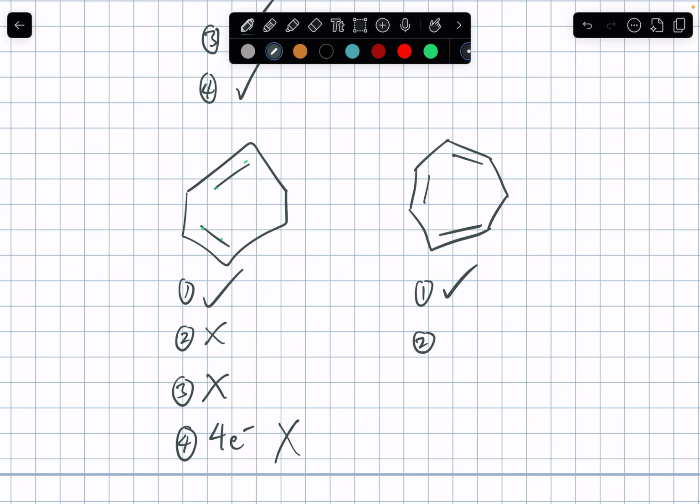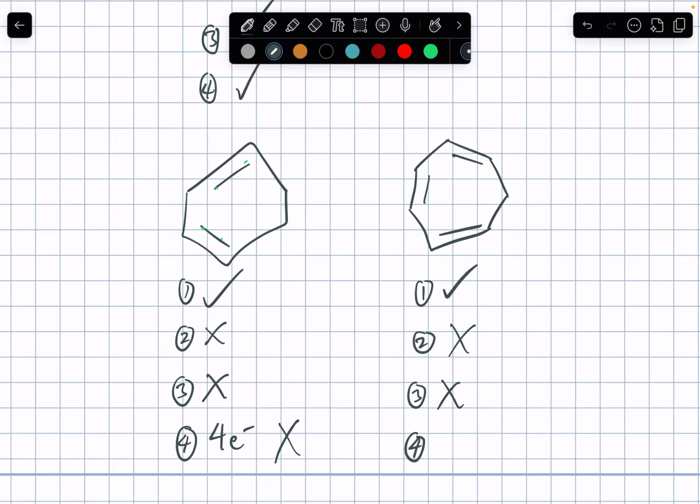This is cyclic. Requirement 1 is fulfilled. Number 2, is it planar? It says no. Is it completely conjugated? No. So you're confident that this is not planar. Or even if you don't really have to know if it's planar or not, because the other requirements, you found out that it is not completely conjugated, no?